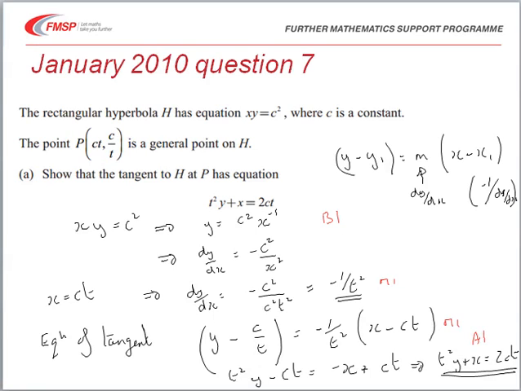Now, because the solution is given in the question, you would only get this final mark if your working is fully correct. So it's what's called a correct solution only mark.